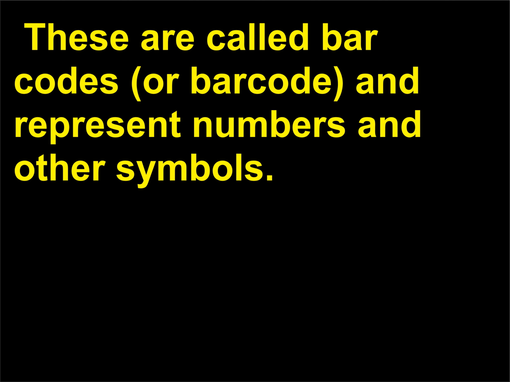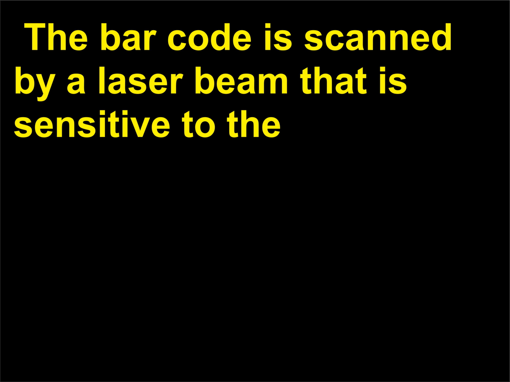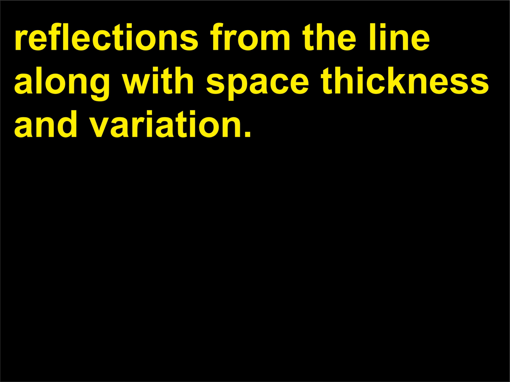These are called barcodes, or bar code, and represent numbers and other symbols. The barcode is scanned by a laser beam that is sensitive to the reflections from the line along with space thickness and variation.